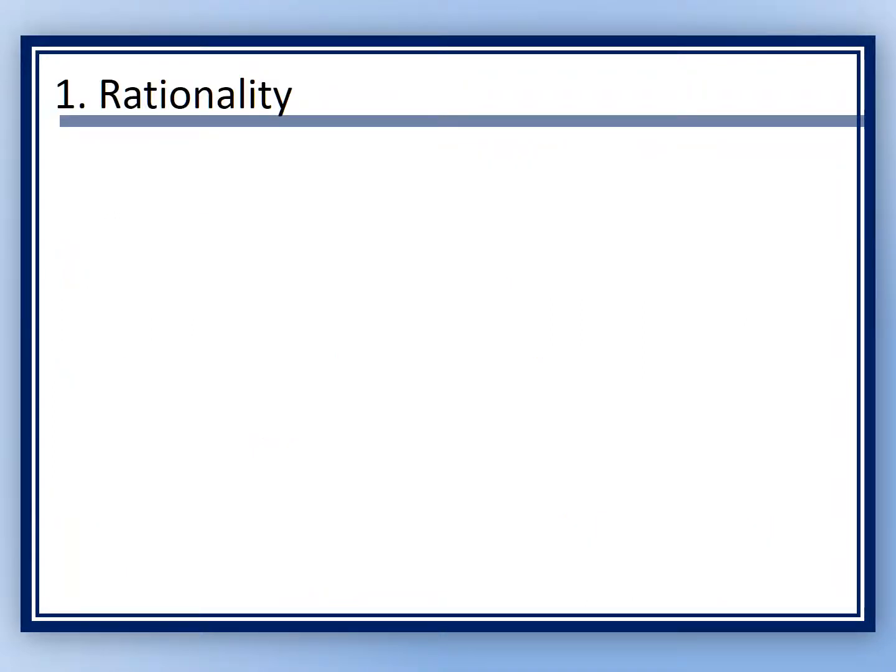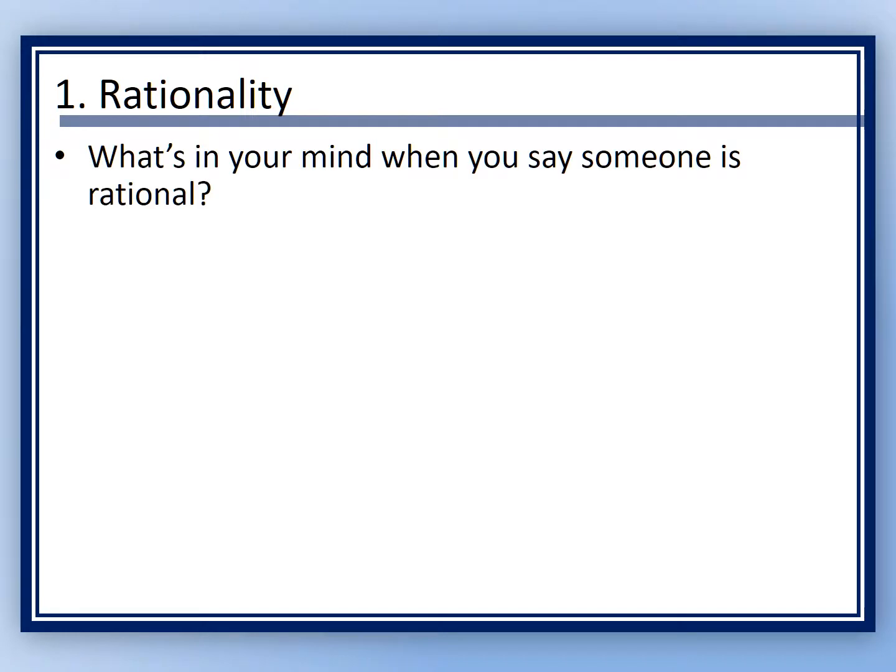So rationality. What is in your mind when you say someone is rational? So in Chinese is right, lazing, right? What do you mean? What comes up when you think that someone is rational, or someone rationally does something?